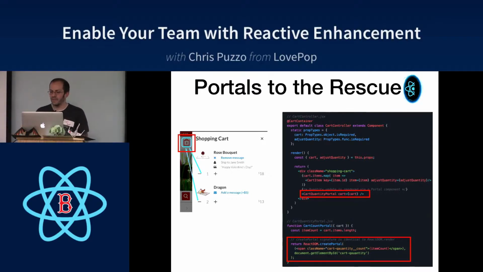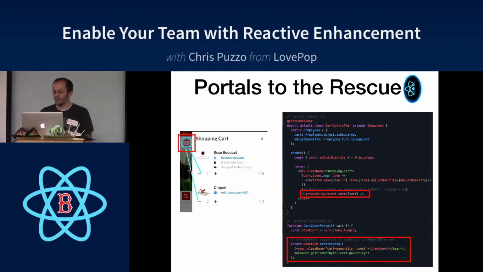This is in that same component, in that same controller, but using the create portal mechanism down at the bottom, we're able to target a totally separate chunk of the DOM that's not anywhere near this component's tree at the same time this component is rendering. So this lets us really cleanly manage all of this. We have this one cart controller that's managing all these different pieces of the cart wherever it needs to, without having to create and mount this other piece, which is super cool.